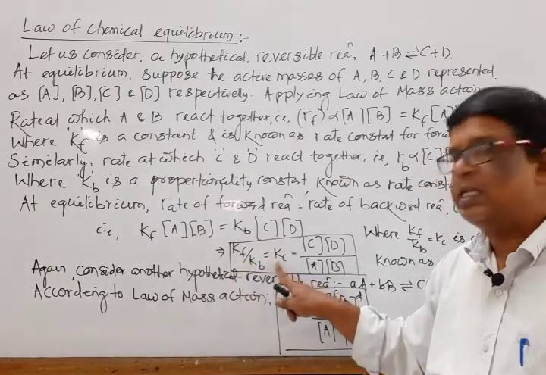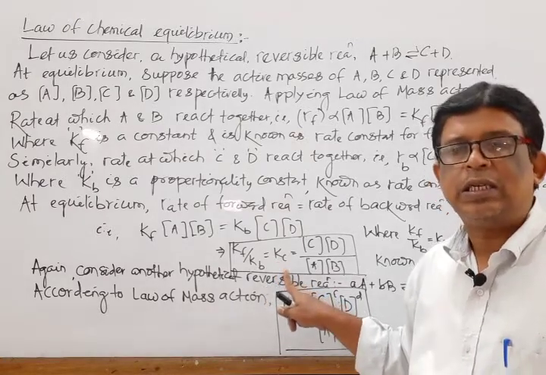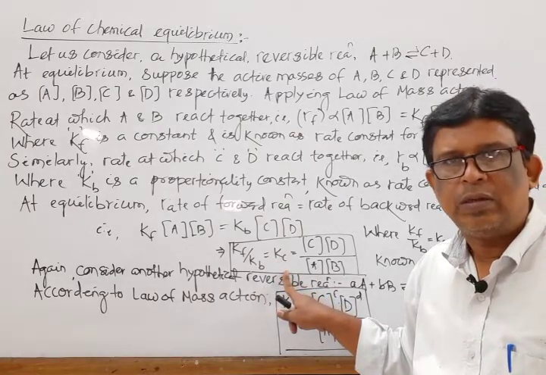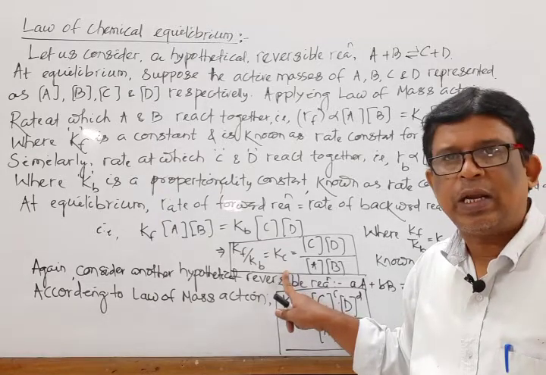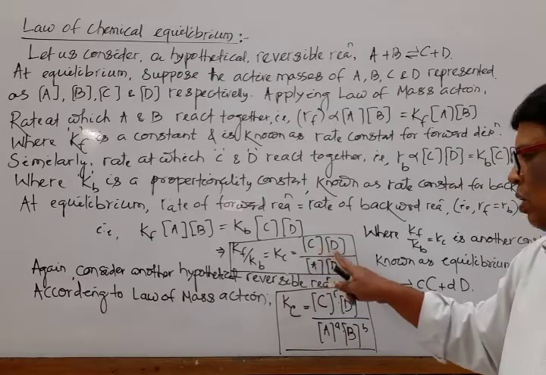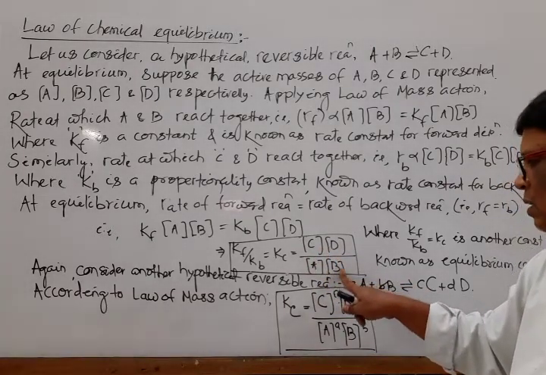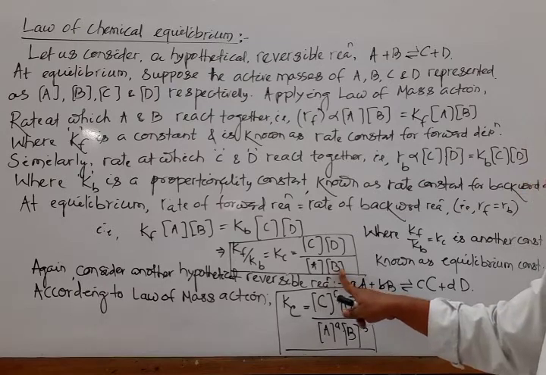A constant divided by a constant is another constant, known as the equilibrium constant. C stands for concentration, when concentration is expressed in moles per liter. So Kc is equal to the product of active masses of C and D divided by the product of active masses of A and B.